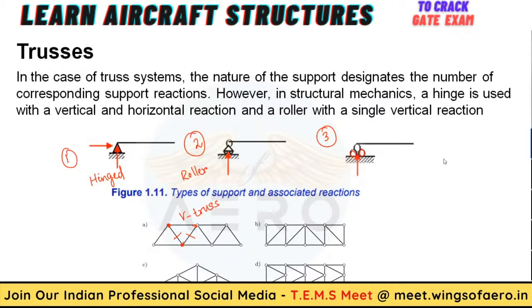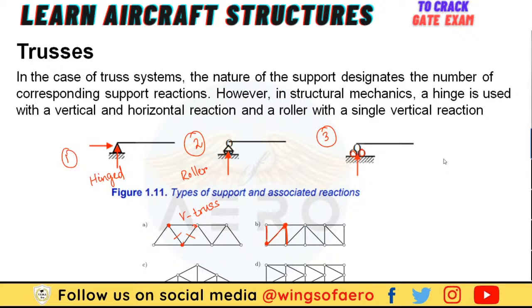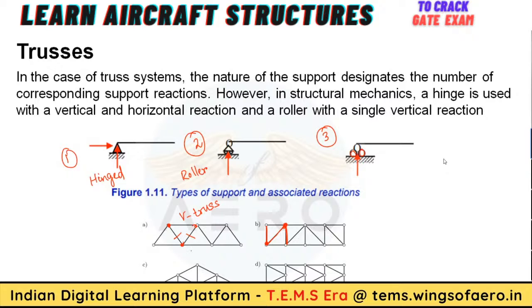Next, this figure looks like an N, so this kind of structure is called an N truss, shaped like N.